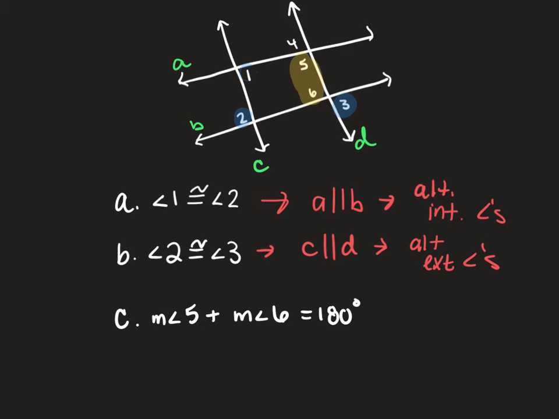Interior. Consecutive interior, right? Which two lines are they between? Which two would be our parallel ones? A and B. Oh, that's a terrible arrow. So A is parallel to B because those are consecutive interior angles.